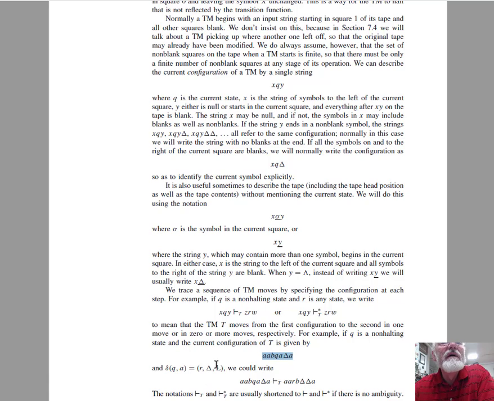Notice also that, as in previous situations, if it's already pretty clear what the Turing machine is that we're using, we don't put that subscript there. Instead of writing these, we're usually going to write this. Sometimes we'll be doing two Turing machines at once, and we might want to say T1 and T2, or T and S, or something like that.